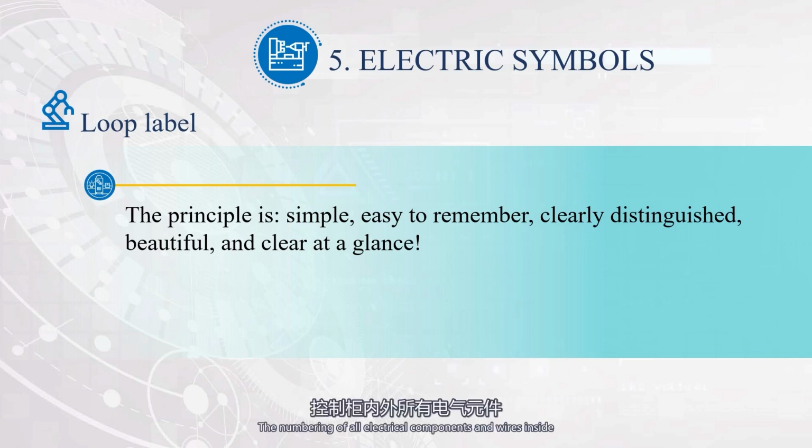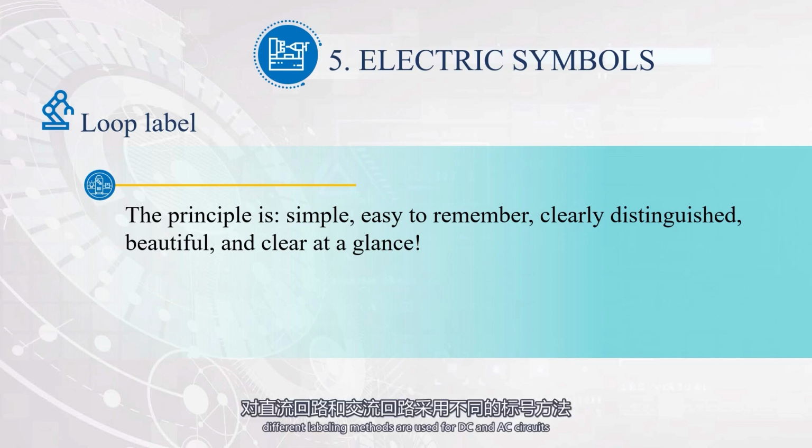The numbering of all electrical components and wires inside and outside the control cabinet must be completely consistent with the numbering on the electrical schematic diagram, as installation and maintenance of electrical circuits must be carried out in accordance with the schematic diagram. The principle is simple, easy to remember, clearly distinguished, beautiful, and clear at a glance.